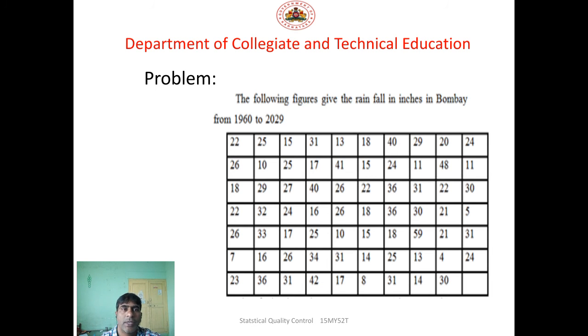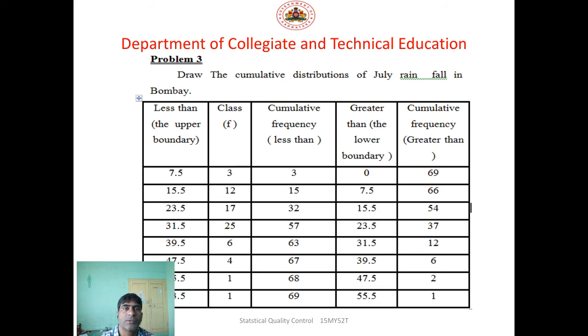See here students, as I told you, there are two: one less than, one greater than. In the first column you can see the less than column, and in the fourth column you can see the greater than column. First we'll see the less than column. Here it says less than 7.5.